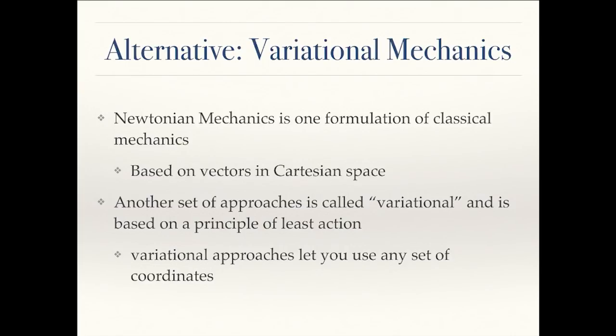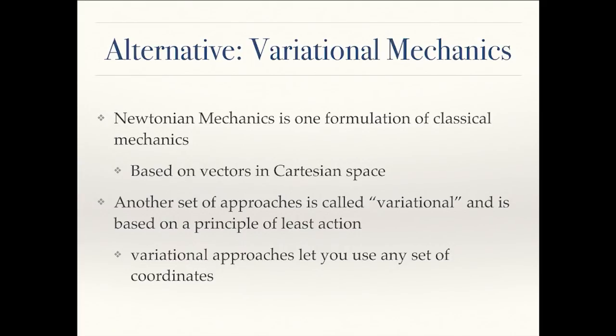Another formulation of classical mechanics that's used a lot in physics-based animation is called variational mechanics, developed after Newton's time by Euler, Lagrange, Hamilton, and others. Newton's laws are based on vectors in Cartesian space, so kind of like what we're used to thinking in terms of Cartesian space. In Newton's laws, we formulate all the forces based on vectors, and alternatively, in the variational approach, we derive the equations of motion from what are called principles of least action.